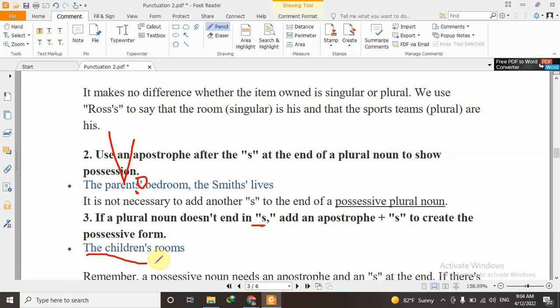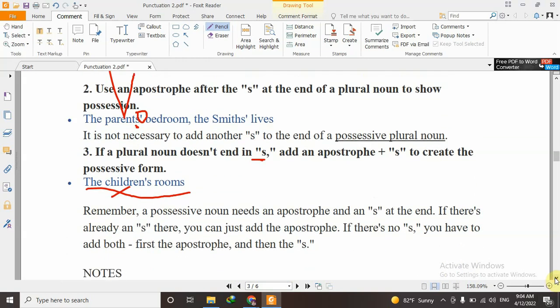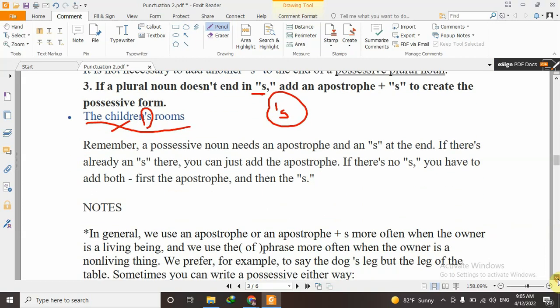So here we have the children's rooms. Children is plural but not by using the plural s. So we return to our rule of using the apostrophe and s to show that this noun is possessive. Remember, a possessive noun needs an apostrophe and s at the end. If there is already an s there, you can just add the apostrophe. If there is no s, you have to add both: first the apostrophe and then the s.